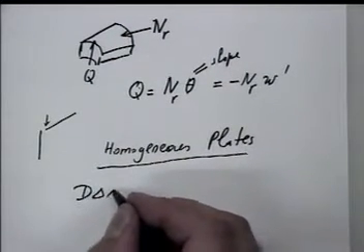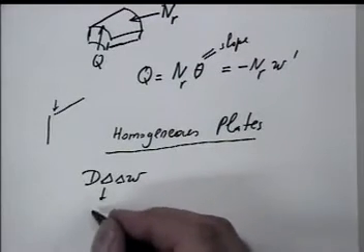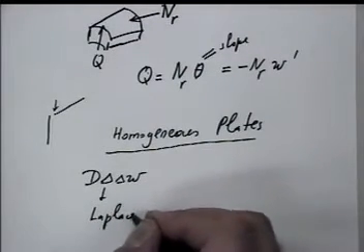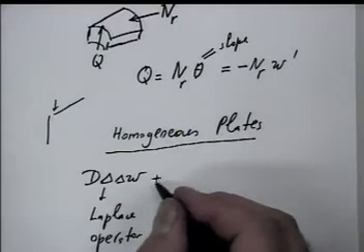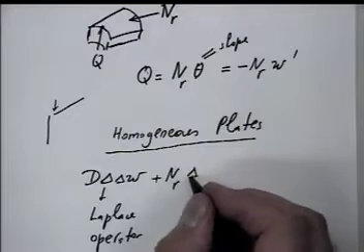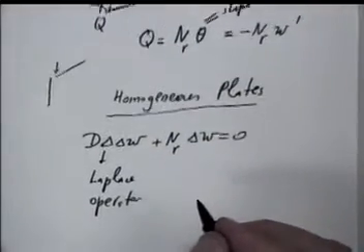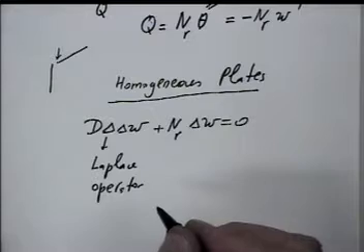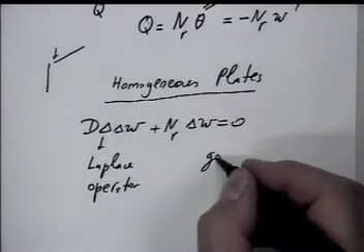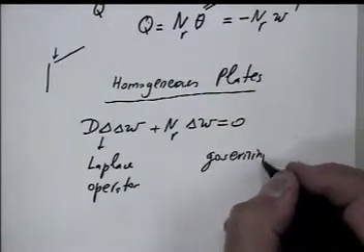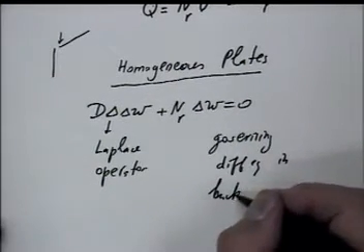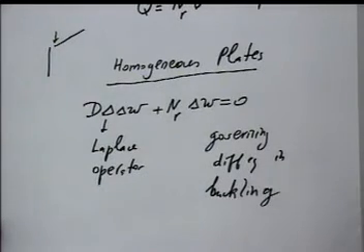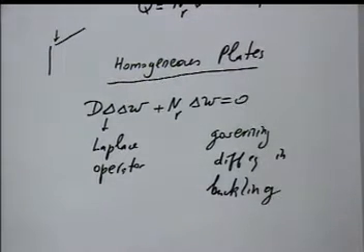And that is D del del W, that is Laplace operator, plus NR del W equals 0. So that is a governing differential equation in buckling. This is page 3.